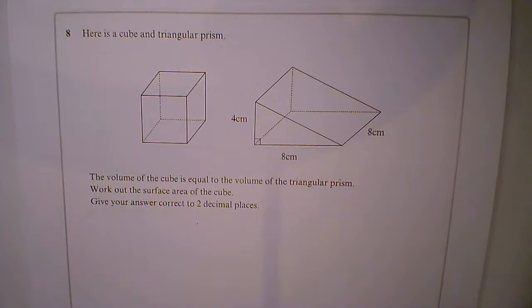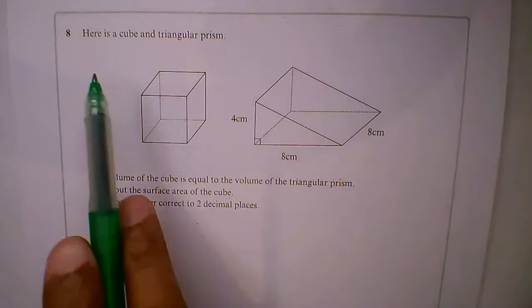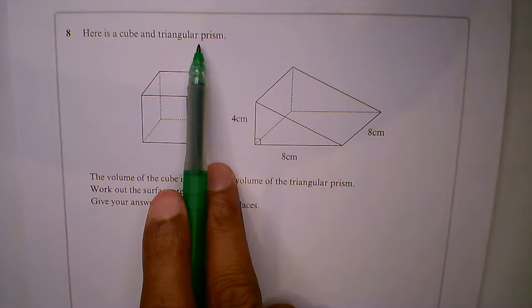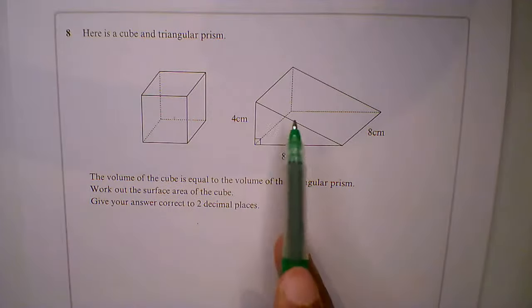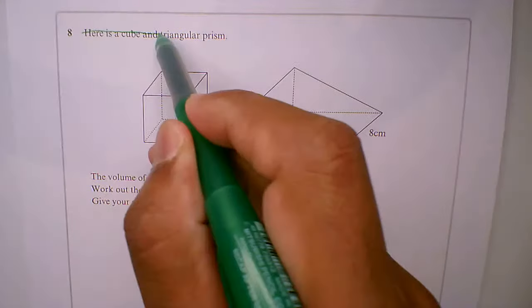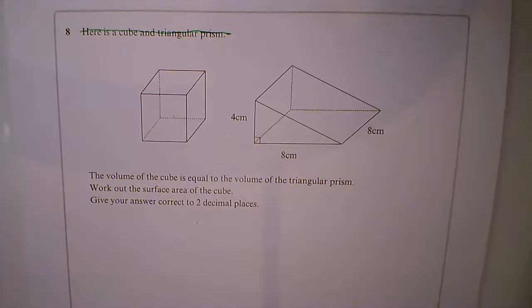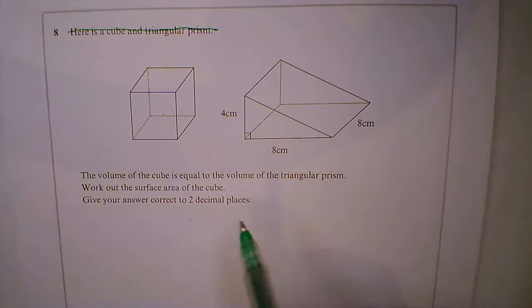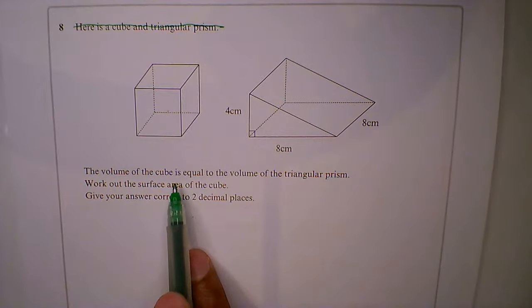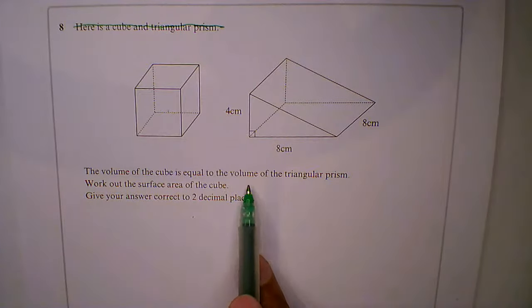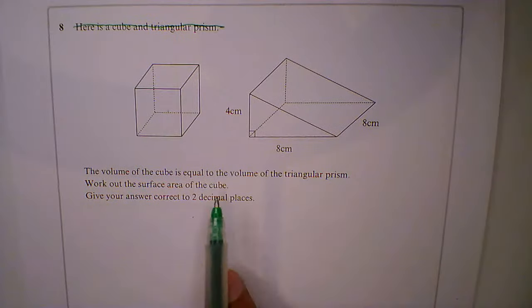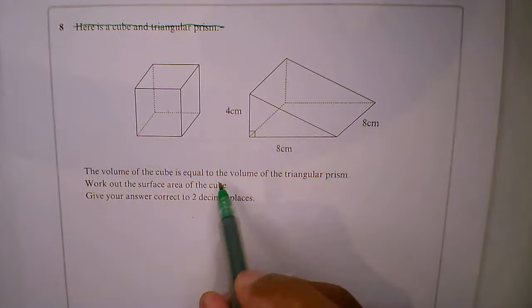All right, question number 8. Nice problem-solving question. Question 8. Here is a cube and a triangular prism. So we can see that. That's not really helpful. Let's delete this sentence. We can focus on the remaining part. The volume of the cube is equal to the volume of the triangular prism.